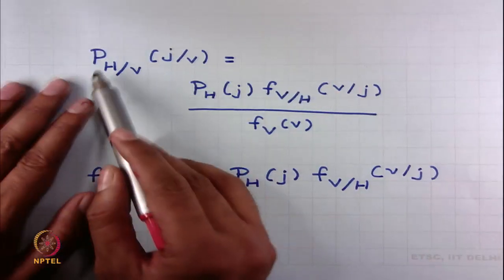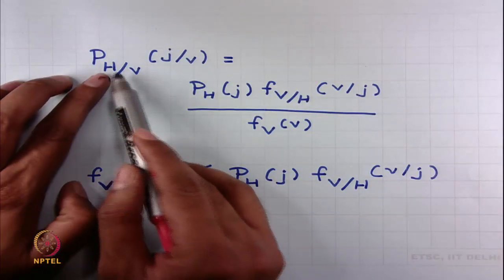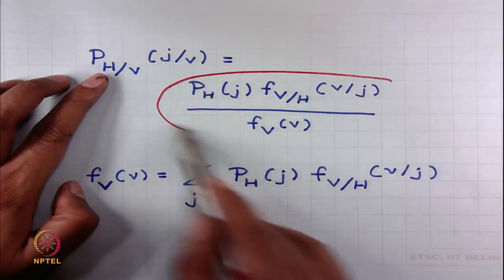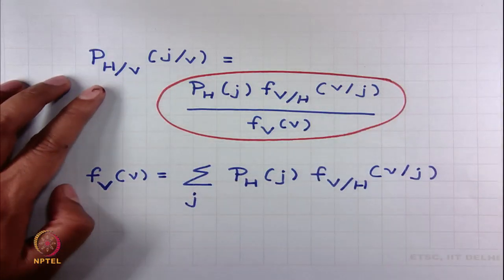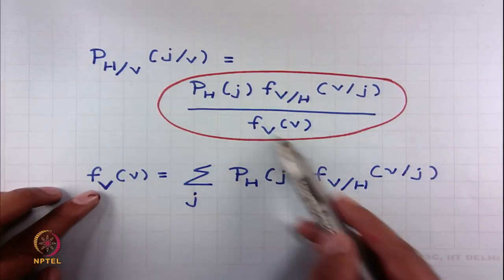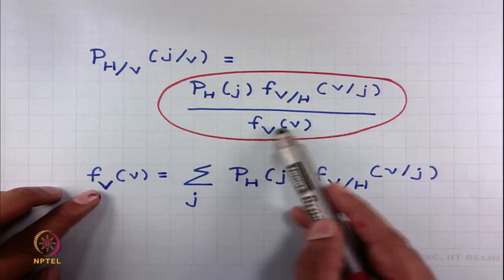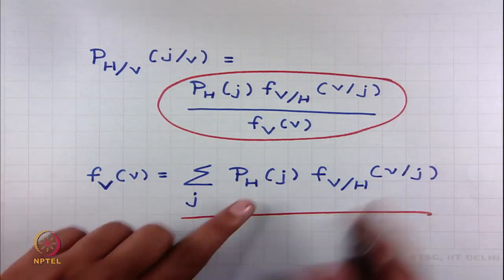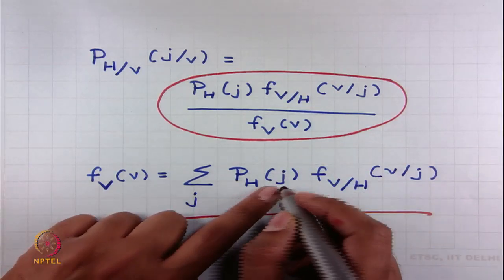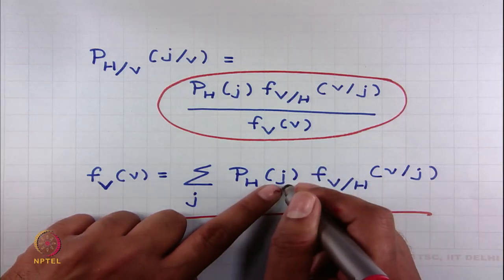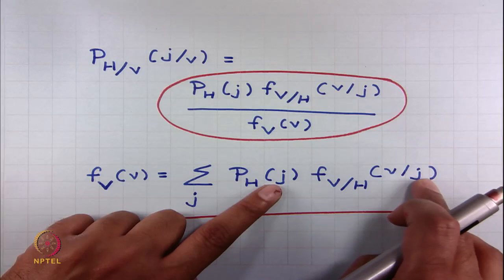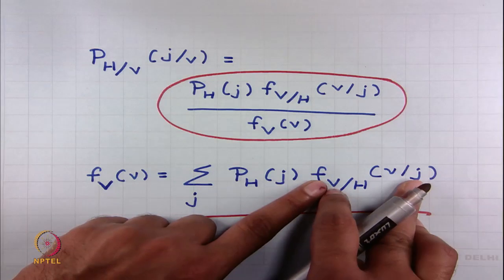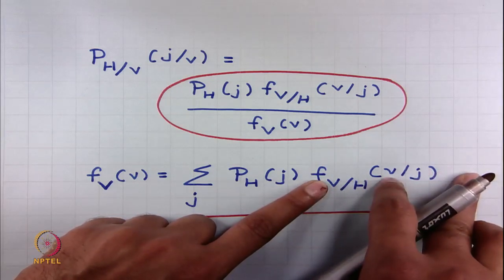We have got the a posteriori probability of a hypothesis H equals j, can be thought of in this way, and you can also easily compute the probability density function of this random variable V in this way. So, this is the probability of a hypothesis j, and once this hypothesis j has happened, what is the probability density function of random variable V taking a numerical value small v.